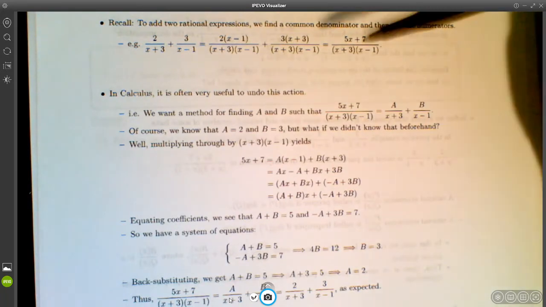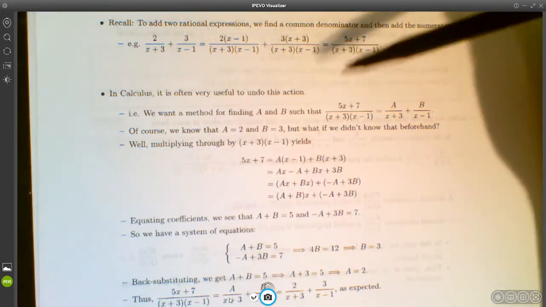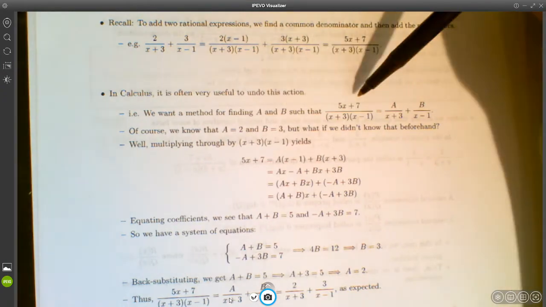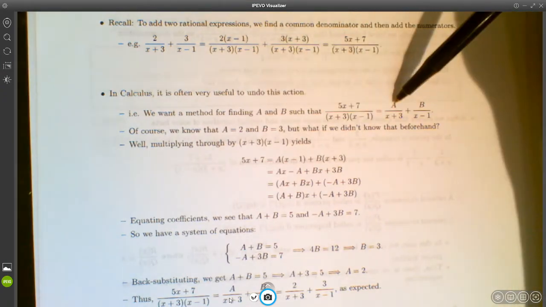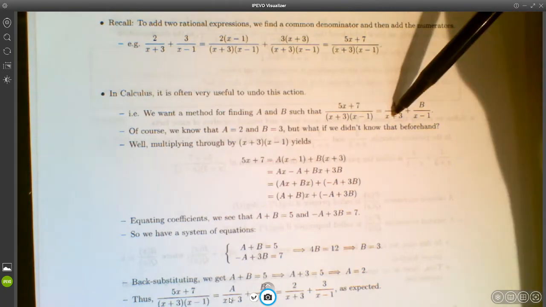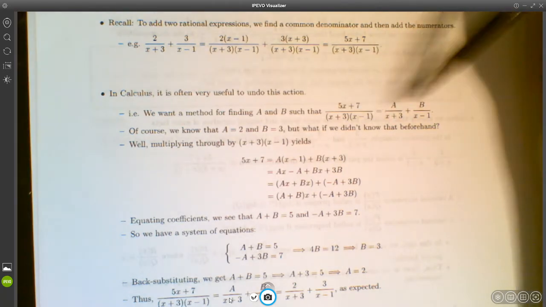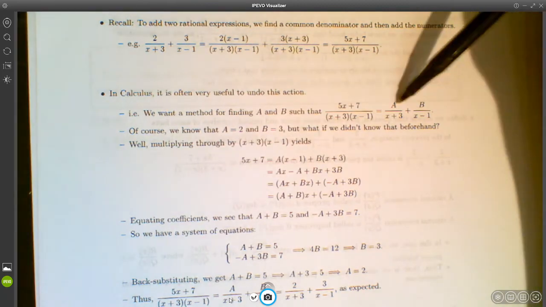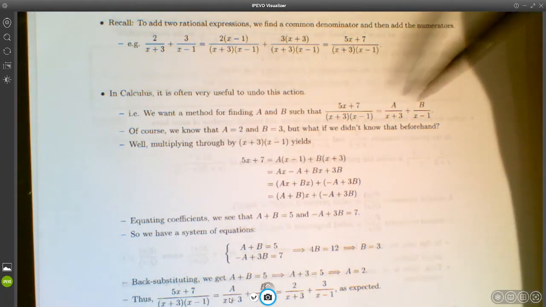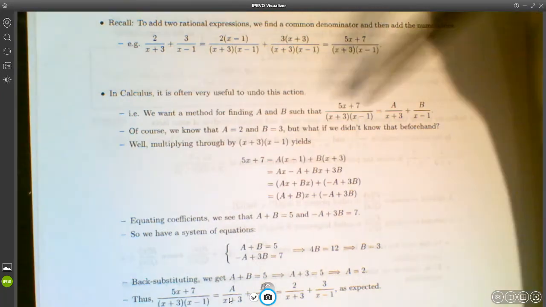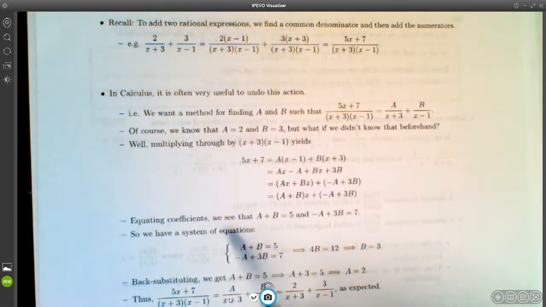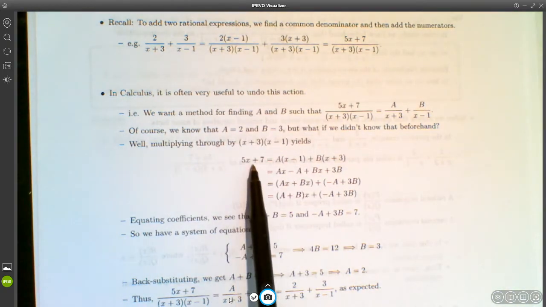So the way that we do that is we're going to say, all right, we want to find a and b so that this expression equals a over that factor plus b over that factor. And to find a and b, we can multiply through by x plus 3 times x minus 1, and then that would just leave 5x plus 7 on the left-hand side.